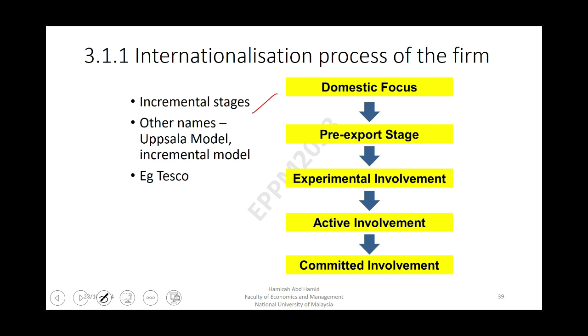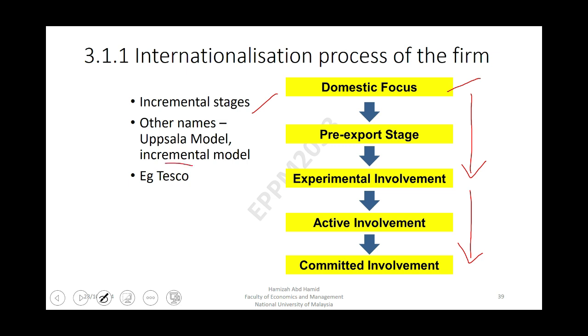It is also called the Uppsala model because it was developed in a place called Uppsala in Sweden. It is sometimes called the incremental model, again because it's stage by stage. Stage can be a lot of things. It can start domestically and then have more and more commitment in the international market.